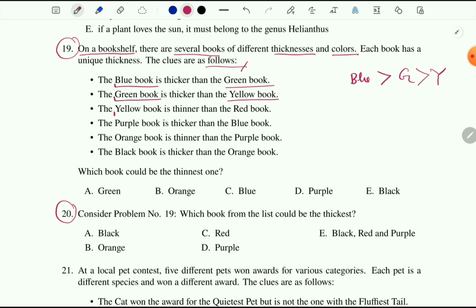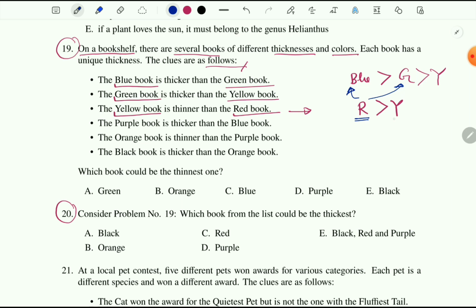Our third condition is the yellow book is thinner than the red book. So let's write this condition here: yellow is thinner, and the red book is thicker than yellow. You may ask why I didn't write it in the first line. We definitely know now that red is thicker than yellow, but we do not know the relationship between red and green, or red and blue.